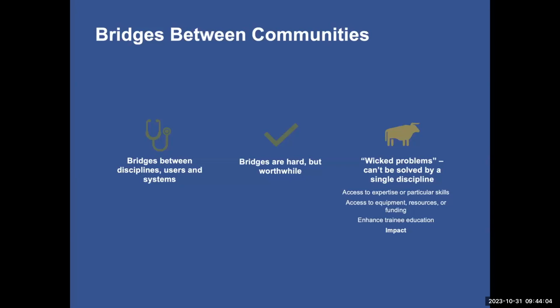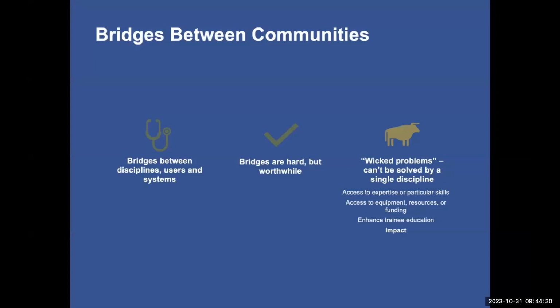But building these bridges between our sciences, between our users, between our systems is really going to be key. If we're going to solve the problems that are challenging our world, whether it be health, poverty, climate, information, misinformation, we really need to bring people together.